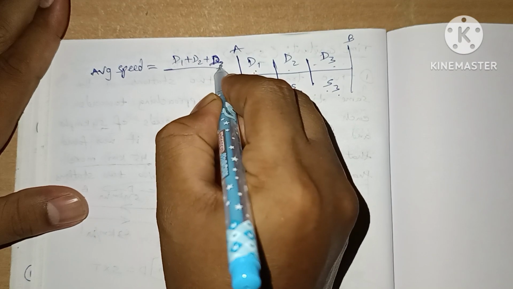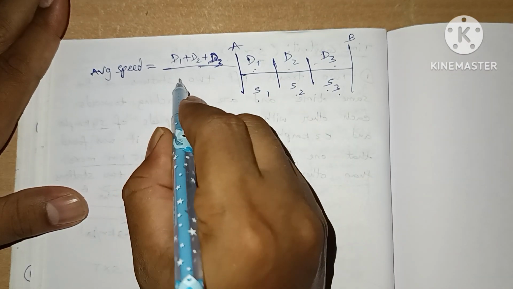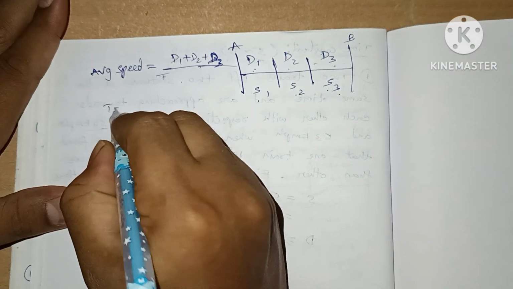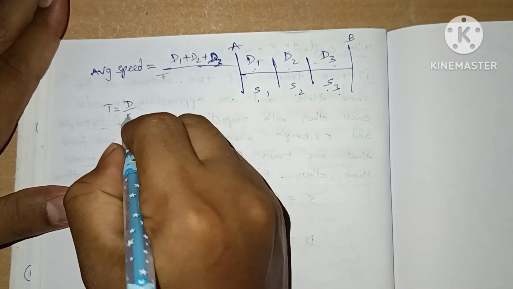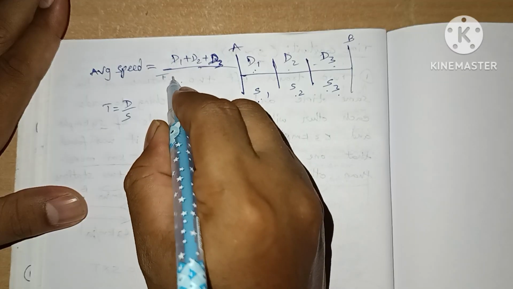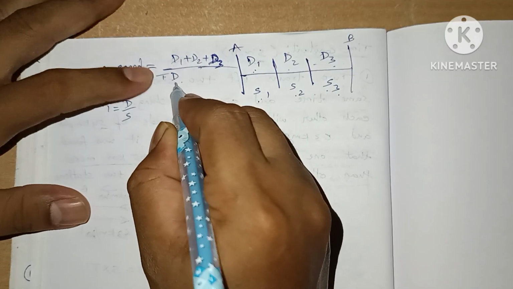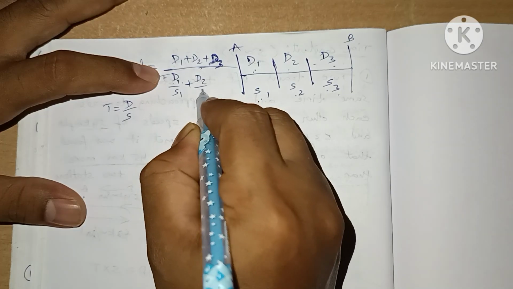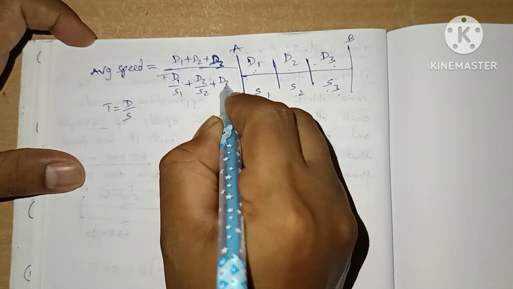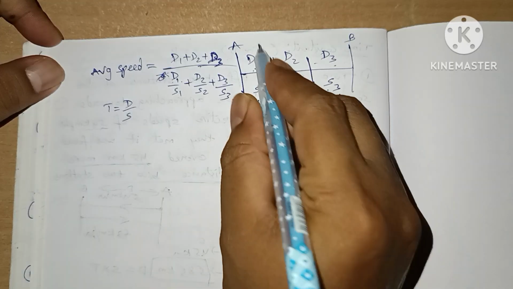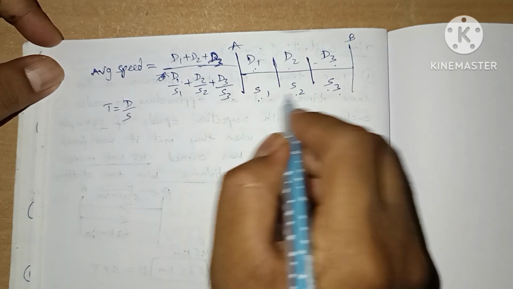Here we need to find the total time. We know that time equals distance by speed. Here we have distances and speeds. So it will be D1 by S1 plus D2 by S2 plus D3 by S3. So this is the formula for this model of question.